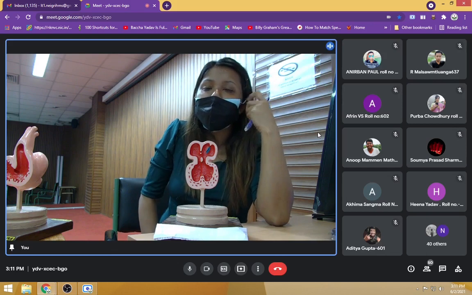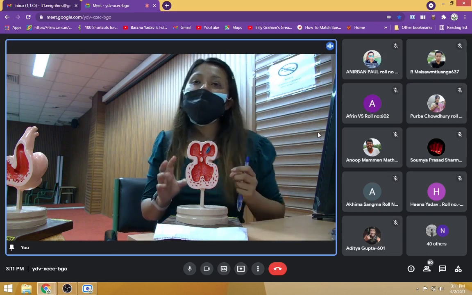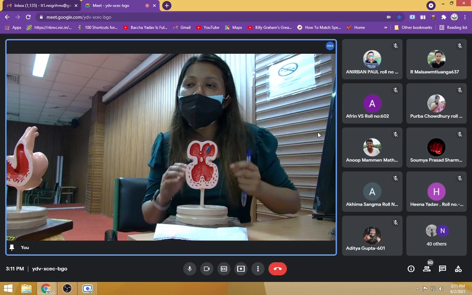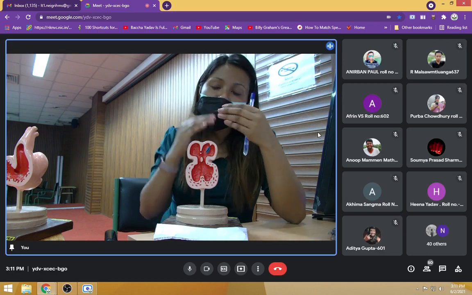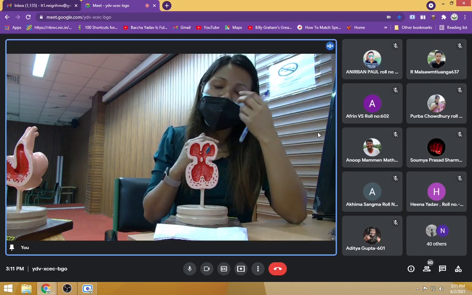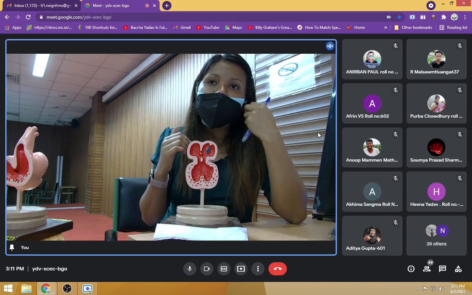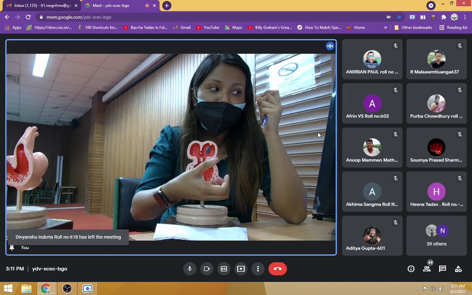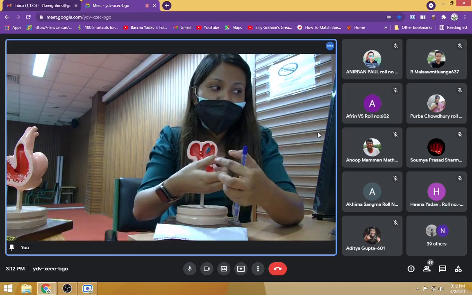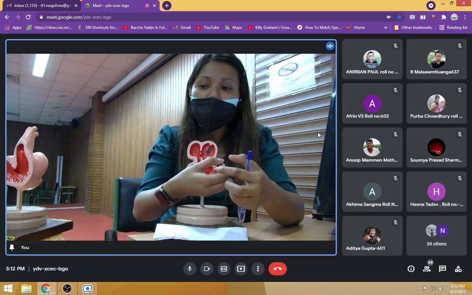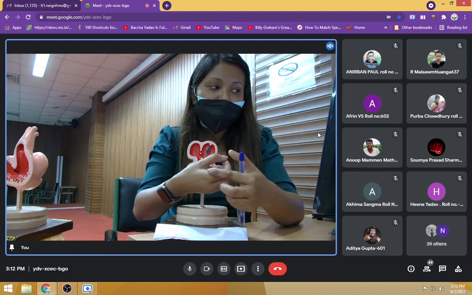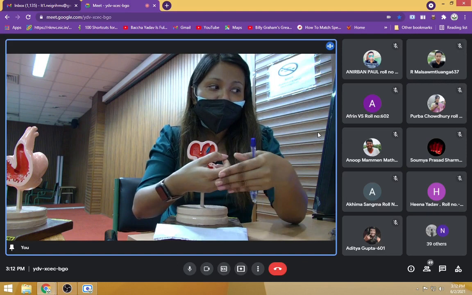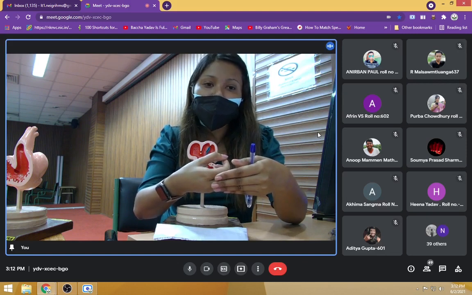Since I told there is anterior displacement of the conotruncal septum, and the conotruncal septum is going to divide the aorta and pulmonary artery. Just imagine, this is the foramen of pulmonary artery and this is the conotruncal septum dividing it from the aorta.